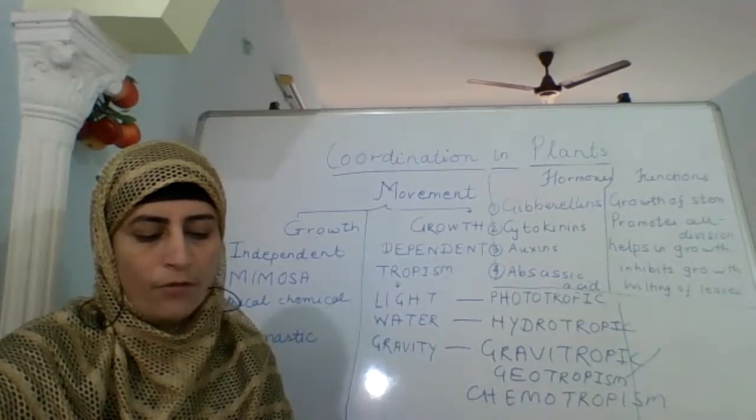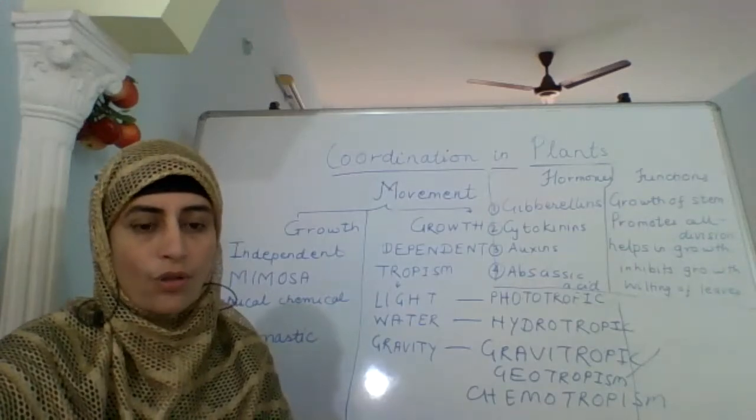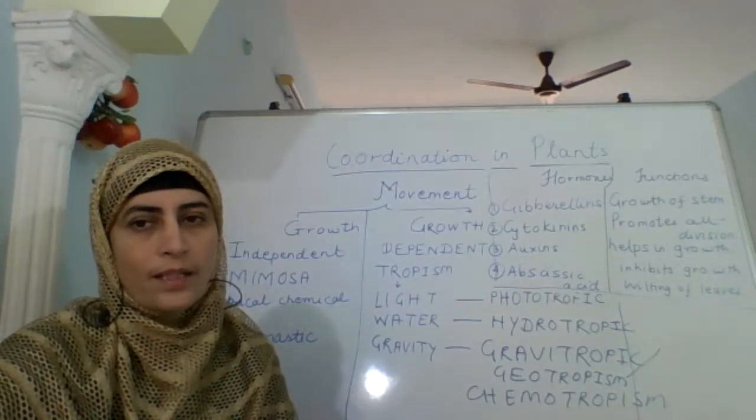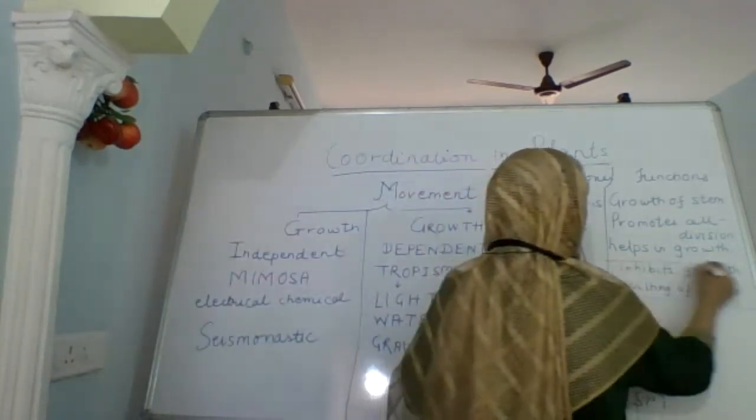These are examples of plant hormones that help in promoting growth. But plants also need signals to stop growing. What is going to stop growth? That is abscisic acid.